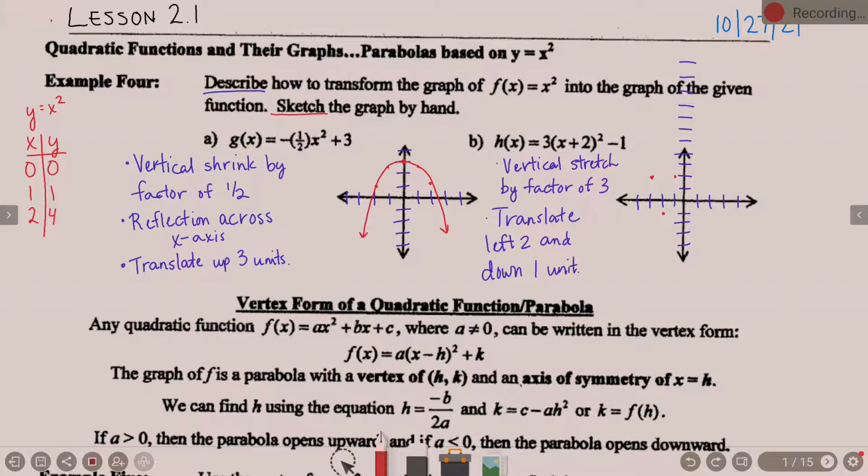So I'm going to go over 2, which on the right puts me on the y-axis, and up 12. So it puts me up there and about up there. So a very tall, skinny parabola, as you would expect.